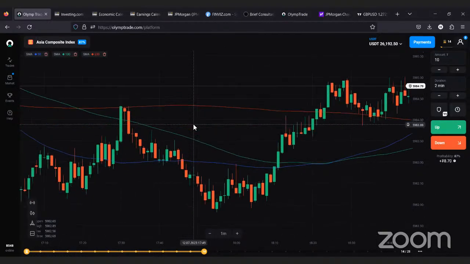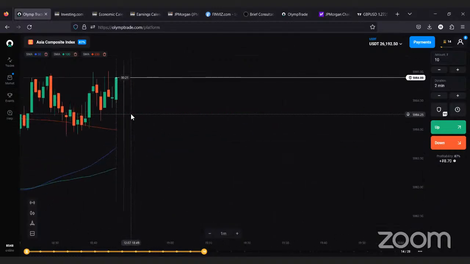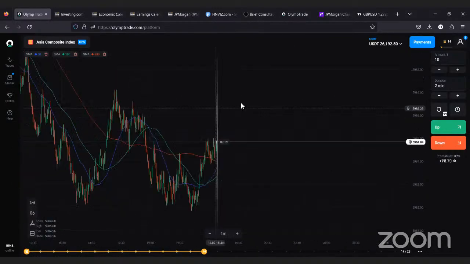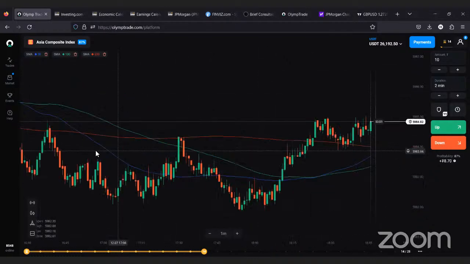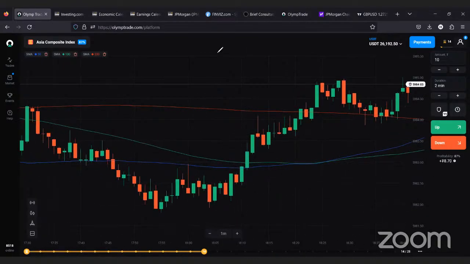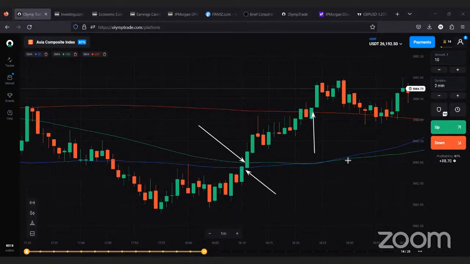How do we know whether the trend is going up or down? This is a very simple calculation that you can check from the SMA. When the asset price, meaning the candlestick, crosses the line from down to up, closes above the line and starts touching the moving average, then we can say the trend is up. So here are the signals, 1, 2, 3.